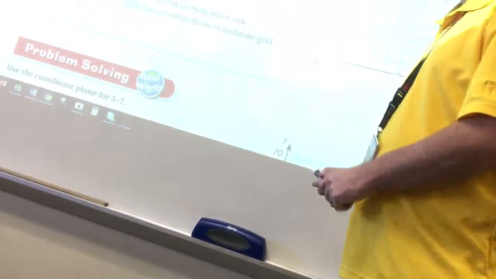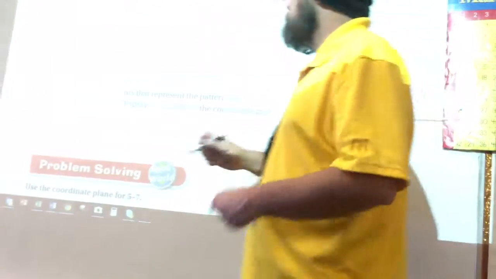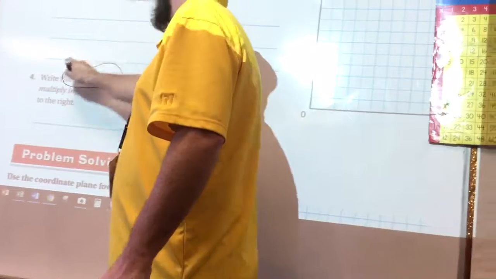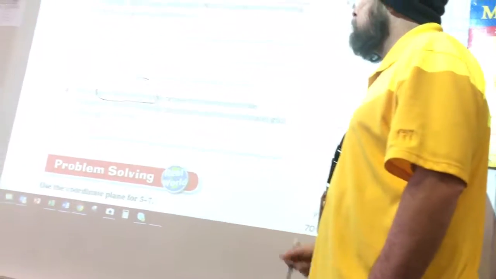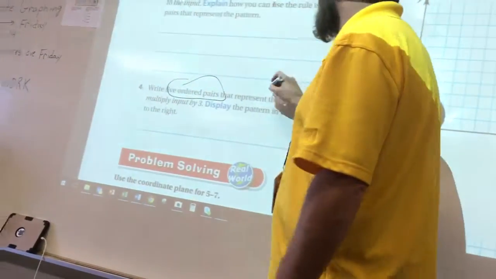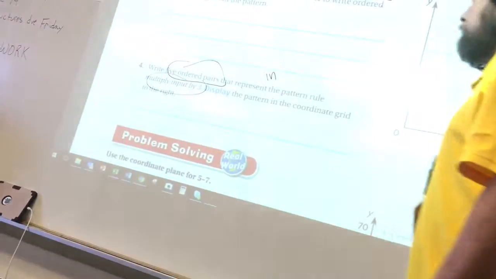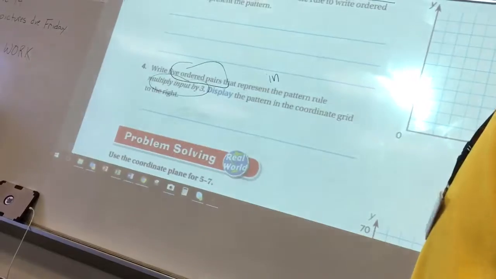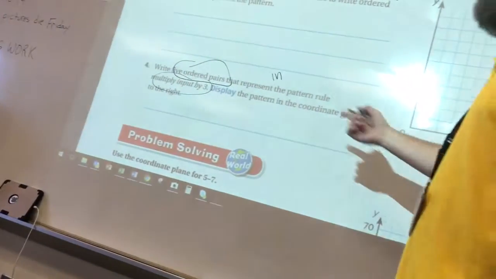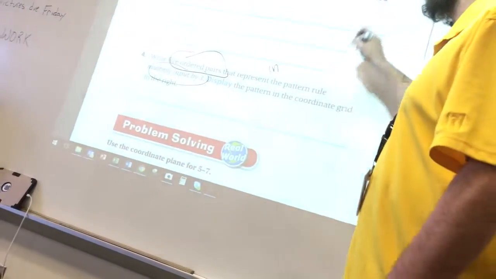Number 4, write 5 ordered pairs that represent the pattern. Multiply the input by 3. And then we graph it in the coordinate grid. So 5 ordered pairs, input multiplied by 3.